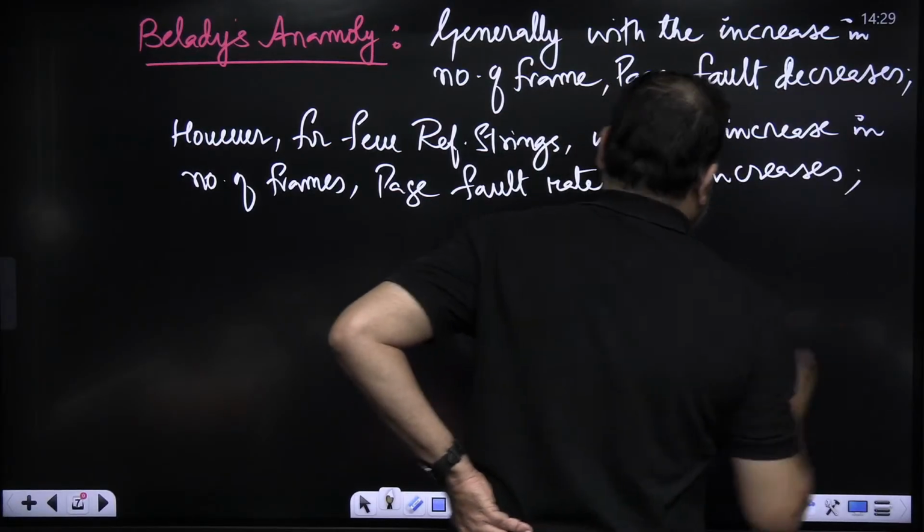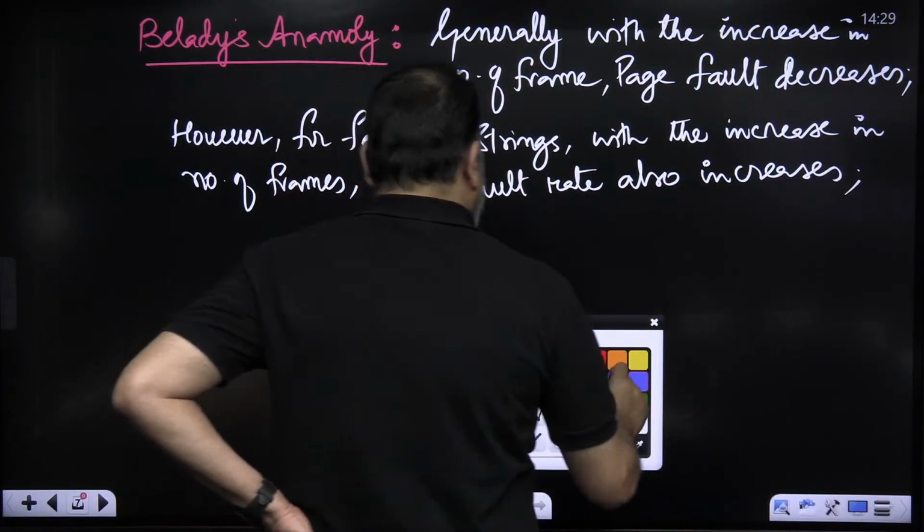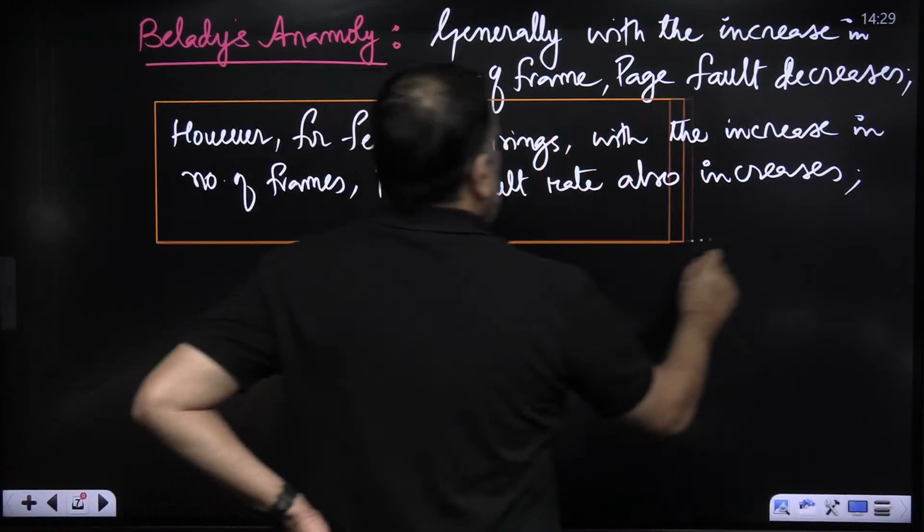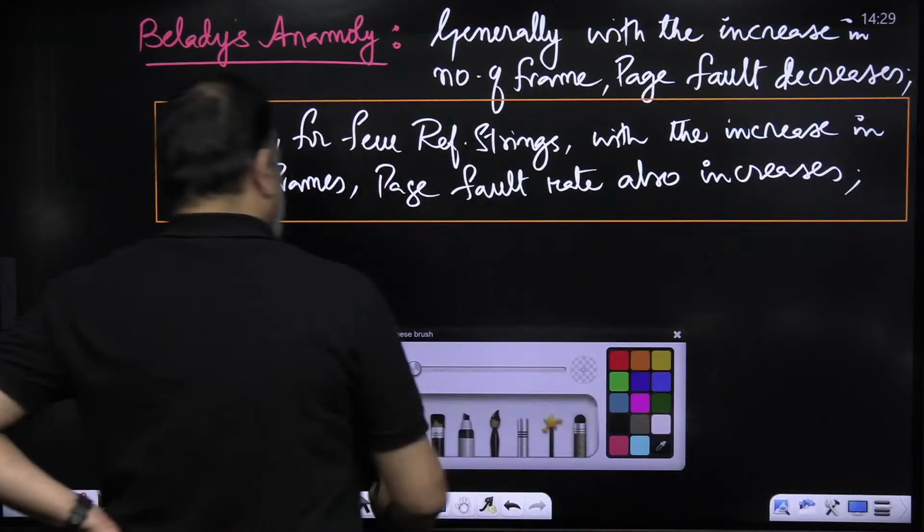Page fault rate also increases. This phenomenon is known as Belady's anomaly.